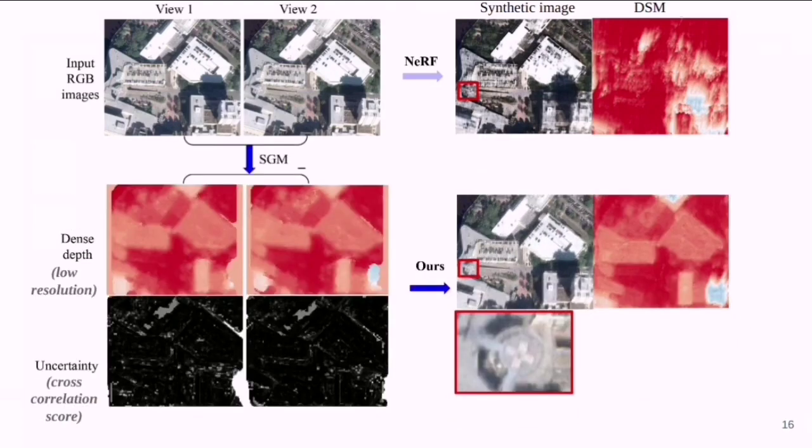If we add the dense depth and the uncertainty resulting from SGM, we get a sharp image and a high-quality DSM. The dense depth is generated based on low-resolution images to improve the robustness. The uncertainty comes from the cross-correlation score.